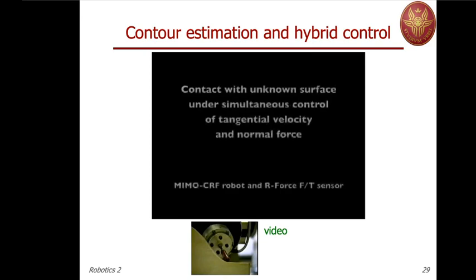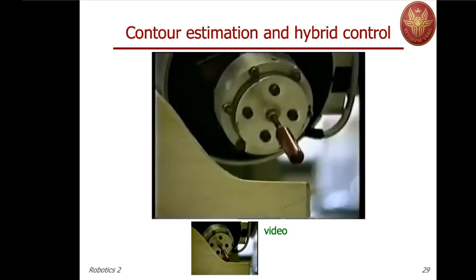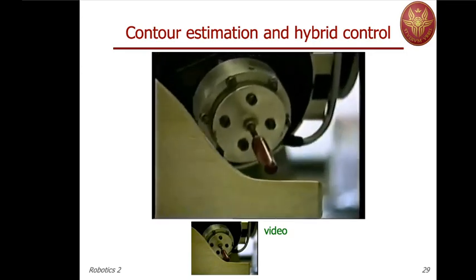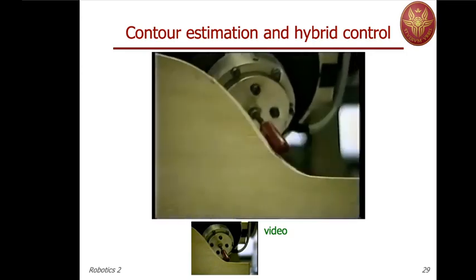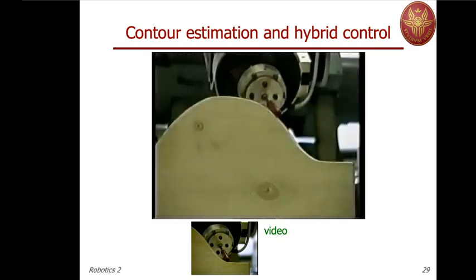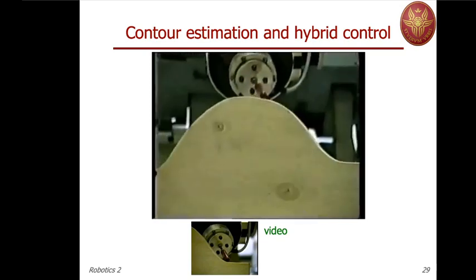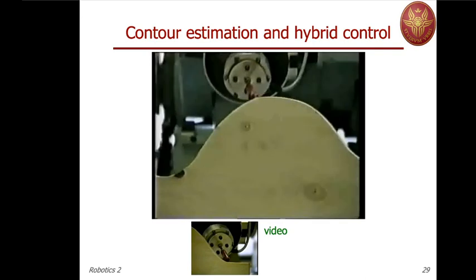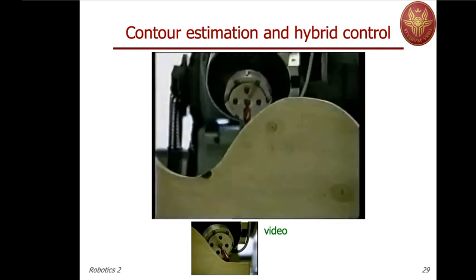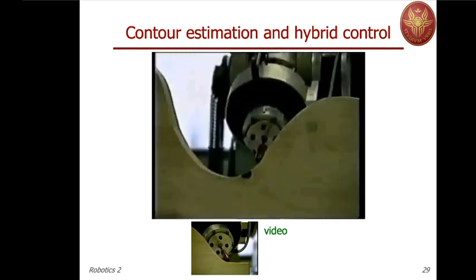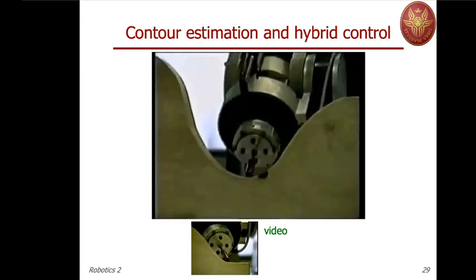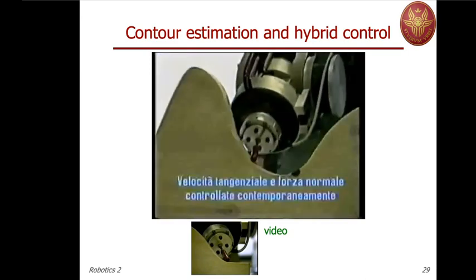In fact, the first is an approach, so we are getting in contact, and then when we are in contact with stuff, you will see that there is some compliance in the finger here. There's not a nose, but in fact something similar. The friction at the contact is very large because we have a wooden to rubber contact, and you can imagine how large is the friction while sliding on the surface.